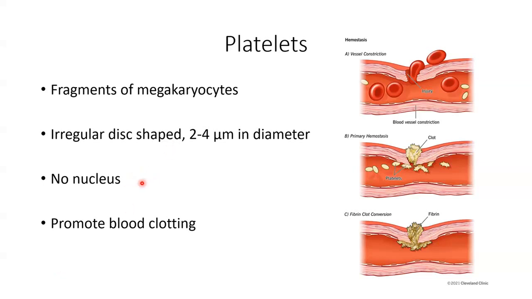Platelets also contain no nucleus, and their primary function is to promote blood clotting. Granules or vesicles within the platelets, once released, promote blood clotting through chemical messaging. Platelets help stop blood loss from a damaged blood vessel by forming a platelet plug. And you can see an example of a platelet plug here.